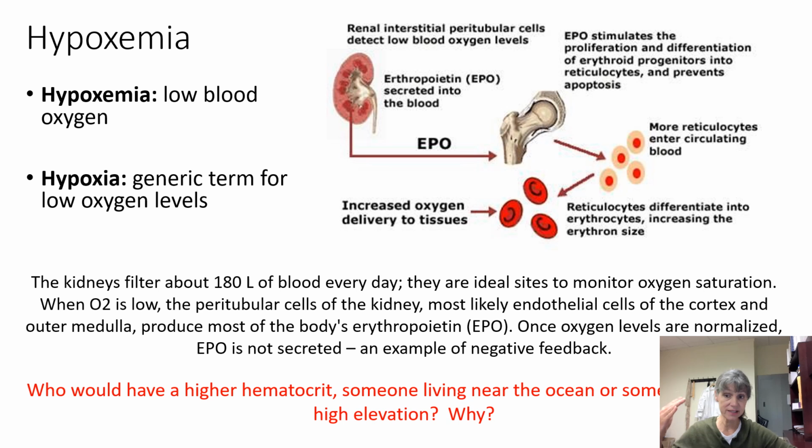Hopefully you'd expect the hematocrit level to be higher in a higher altitude, because remember that the pressure as we go up in altitude decreases, and so we need more red blood cells to circulate the amount of oxygen that's found in higher elevations.